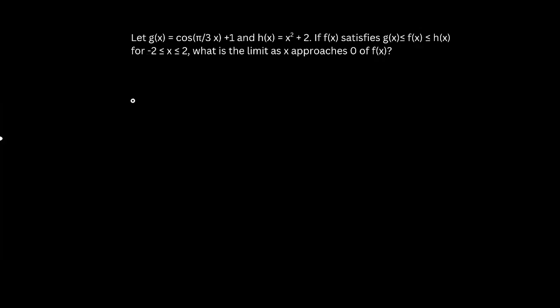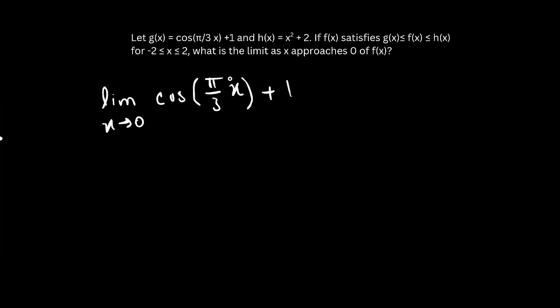Here we can again try to find the limit as x approaches 0 of our g of x, in this case the cosine of pi over 3 times x plus 1.